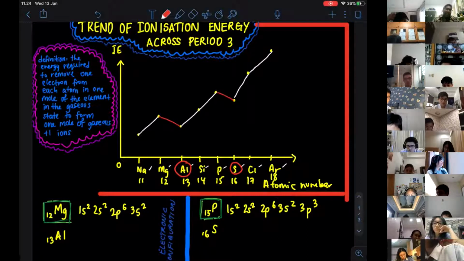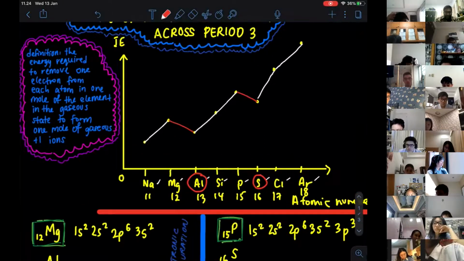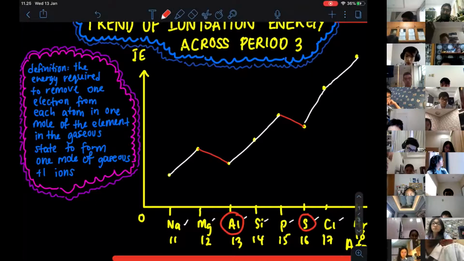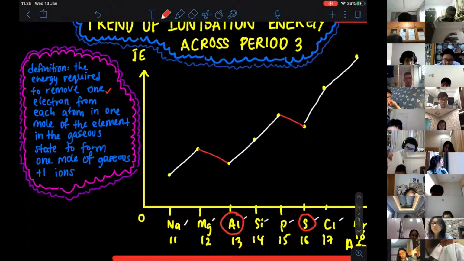But before that, this is going to refresh your memory about ionization energy. What is ionization energy? Ionization energy is the energy required. The definition is very important. We have done this before. It's the energy required to remove one electron from each atom in 1 mole of element, and that element must be in gaseous state, to form 1 mole of gaseous 1+ ions.